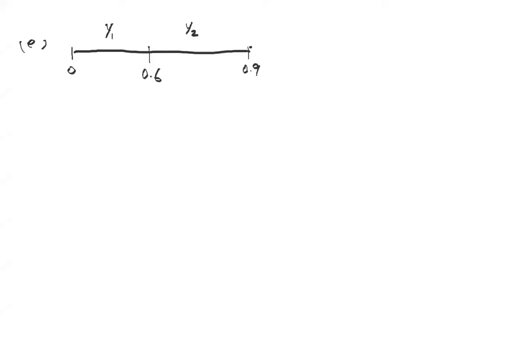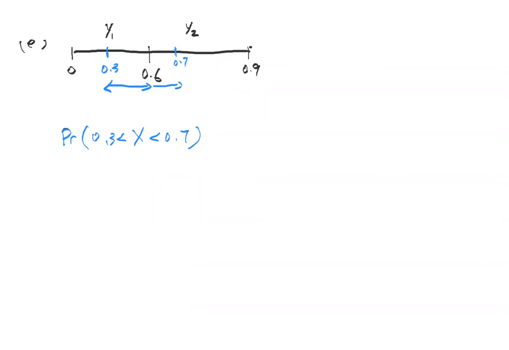Am I right? So now, if you want to find the probability of x between 0.3 to 0.7. So you see 0.3 is here. So from 0.3 to 0.6, you have to use y1. From 0.6 to 0.7, you have to use y2.